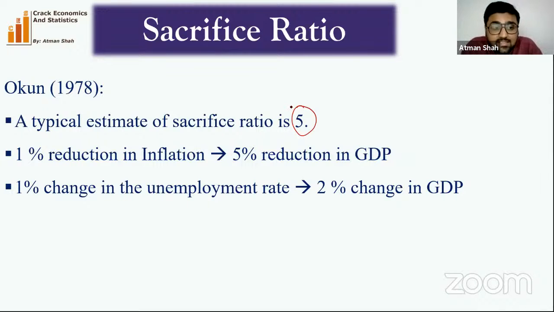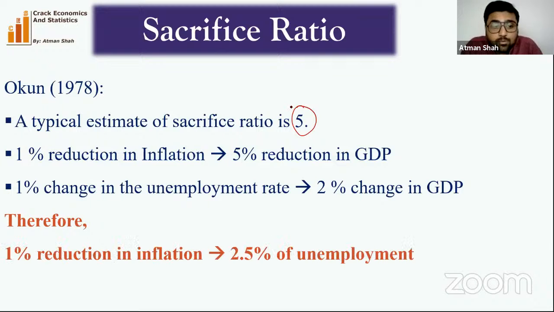So here we can say that if policy makers want to reduce the inflation rate by 1 percentage point, they have to pay the cost of 2.5% increase in unemployment.